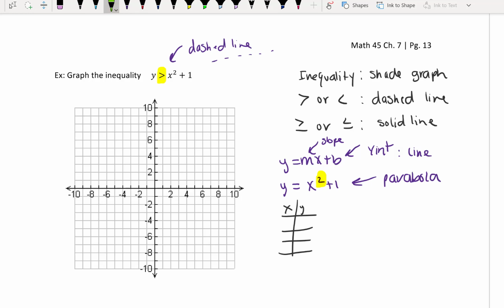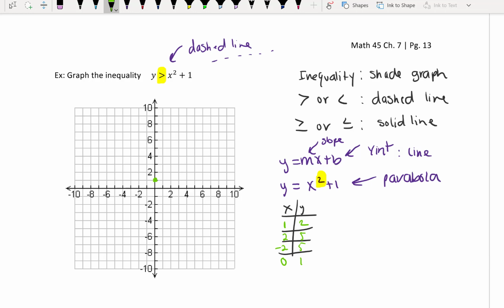And some good values maybe would be 1. If I plug 1 in, 1 squared is 1 plus 1 is 2. If I plug in a 2, 2 squared is 4, 4 plus 1 is 5. If I plug in a negative 2, negative 2 squared is 4, 4 plus 1 is 5. And even if I did 0, 0 squared is 0, plus 1 is 1. So I have 0, 1.